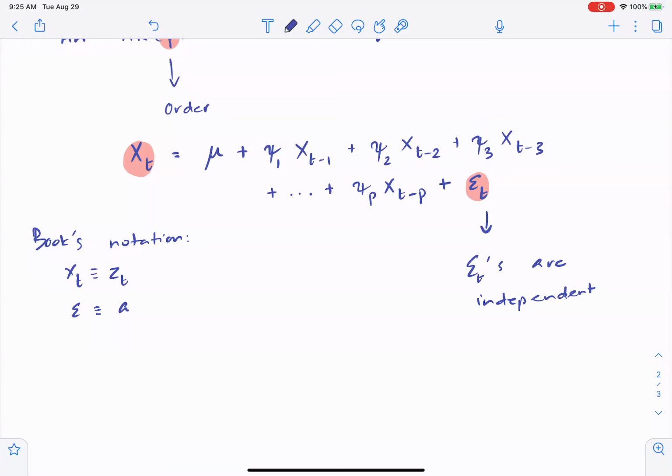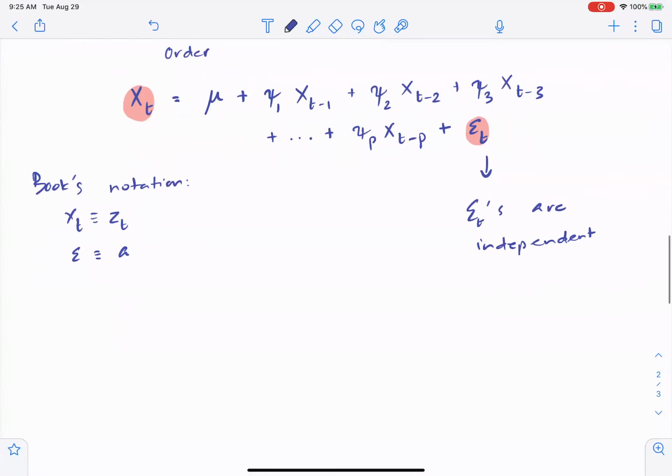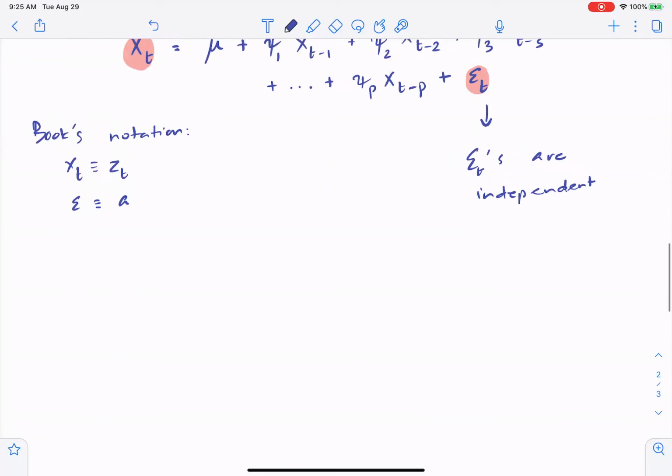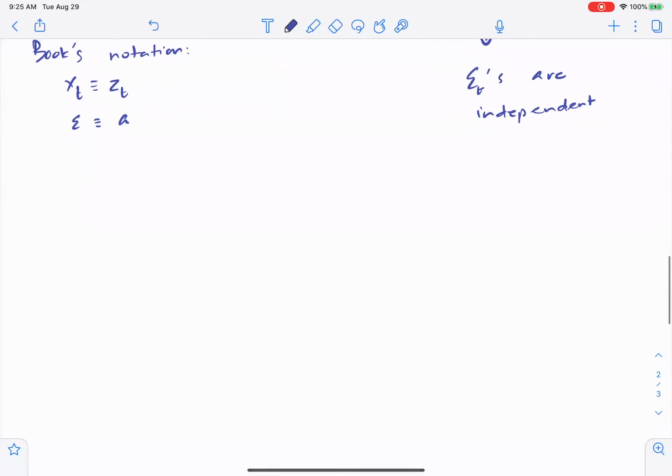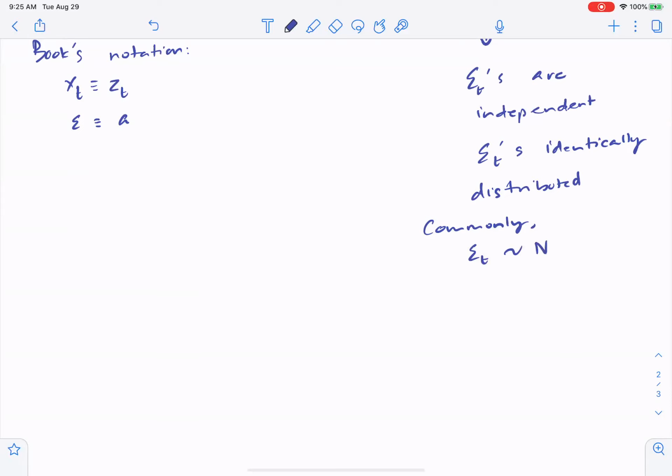Isn't it normally distributed? Very good. So not necessarily normal, but we can simply call it identically distributed with some fixed probability distribution. The common one: epsilon t is normal with some mean, some variance, sigma squared.